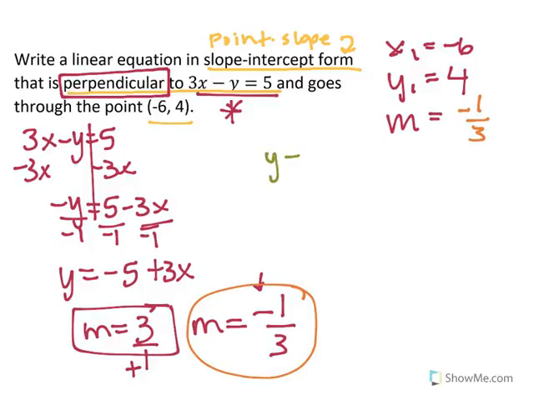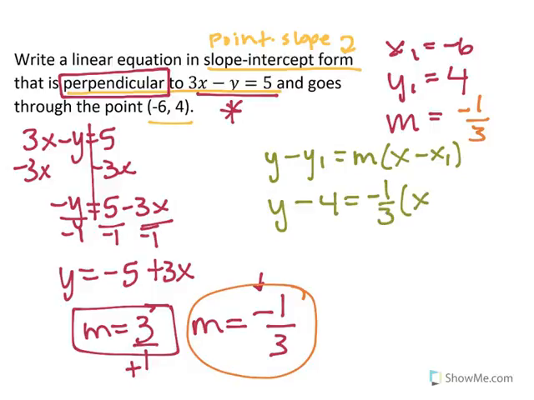So again, y minus y1 equals m times x minus x1. That means y minus 4 equals negative 1/3 x. And then we've got minus minus 6. So again, I'm going to change those to a positive.